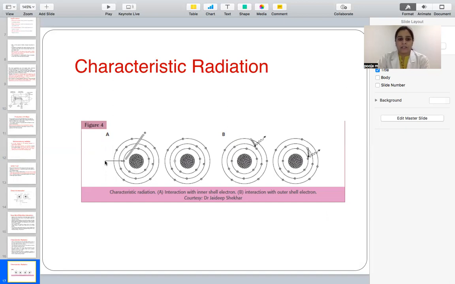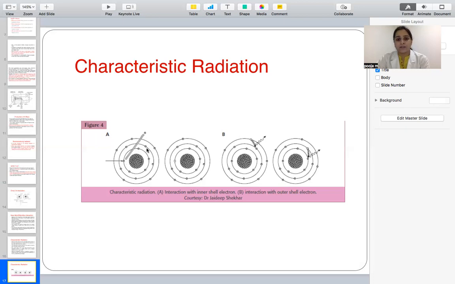When the electrons are produced within the X-ray machine by heating up the filament, they go and hit an electron in the inner orbital shell of the target material. When this electron hits the orbital shell of the target material, it results in the displacement of an electron from this orbit.